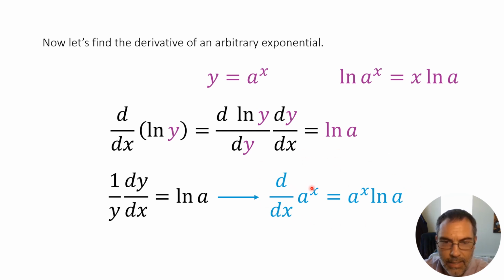The derivative of a to the x is a to the x times log a. And you'll notice this would also apply to the natural exponential, e to the x. So derivative of e to the x would be e to the x times log e. Log e is just 1, so that's why it's equal to itself. But for an arbitrary base, all you do is you take the function and you multiply by the natural log of the base. And that is the derivative of this exponential.